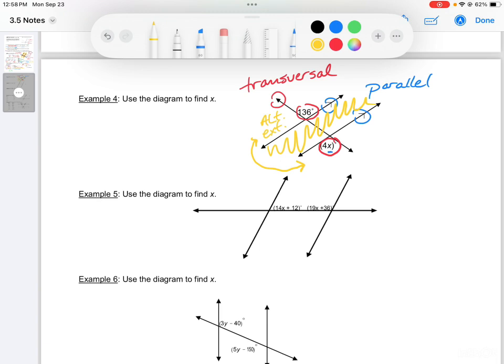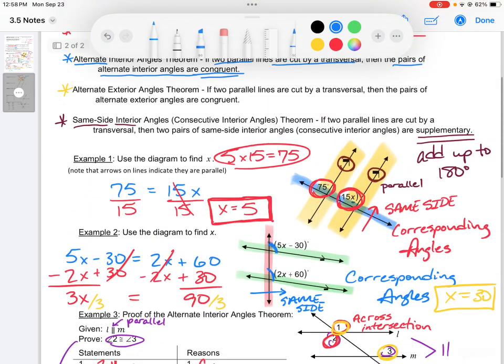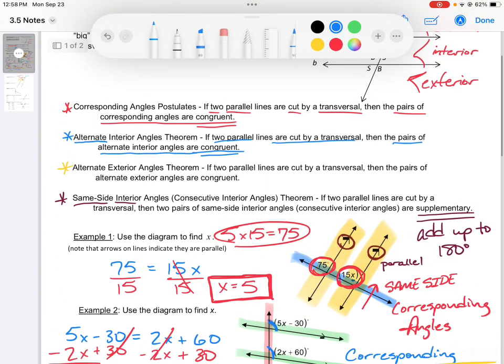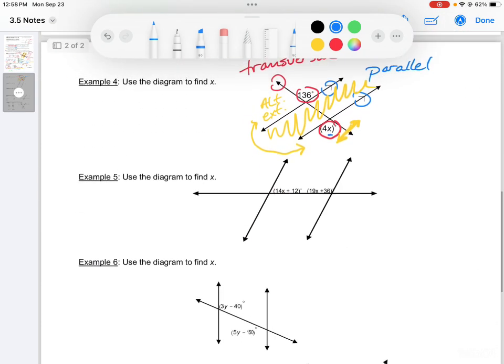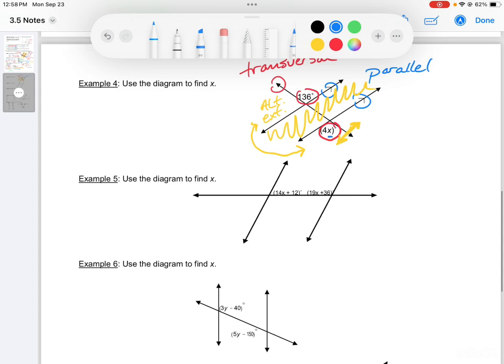They're not in this zone right here that I'm shading. So they're alternate exterior angles, and one thing we know from up here is that alternate exterior angles are congruent.